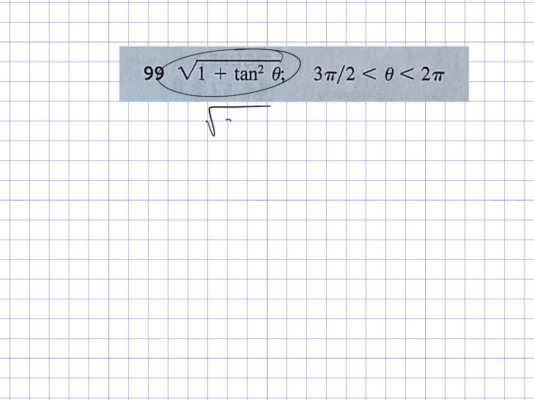This is the square root of secant squared of theta. And this is between 270 degrees and 360 degrees. So we're in the fourth quadrant. And the secant is the same sign as the cosine. And the cosine in the fourth quadrant is going to be x, so that's positive. So the square root of secant squared is secant of theta.